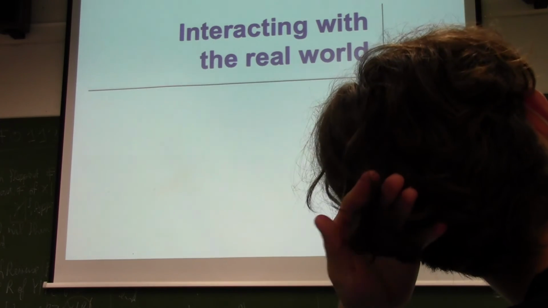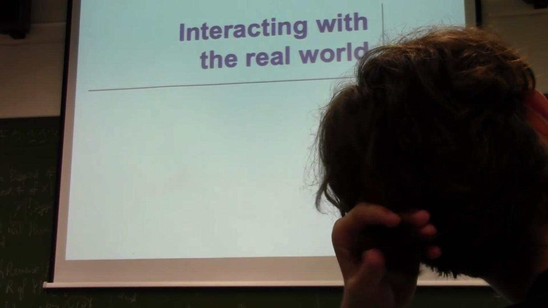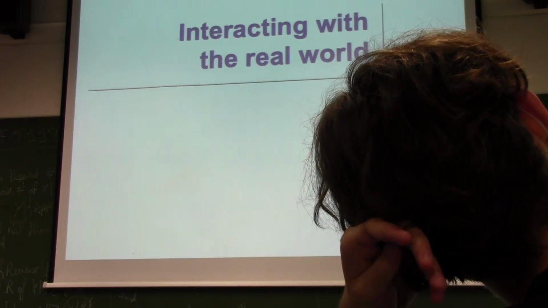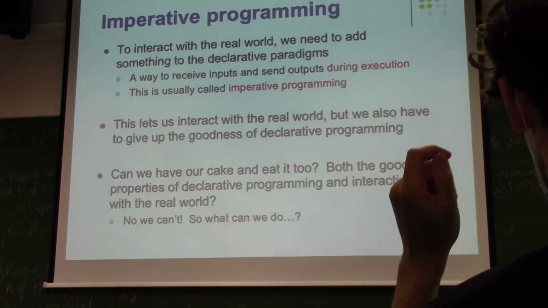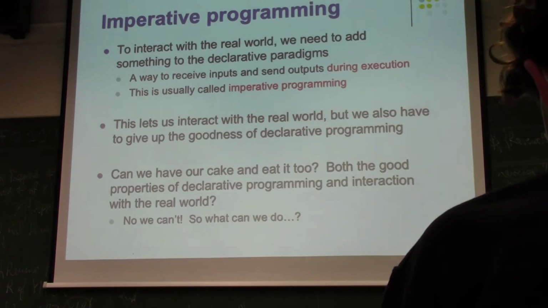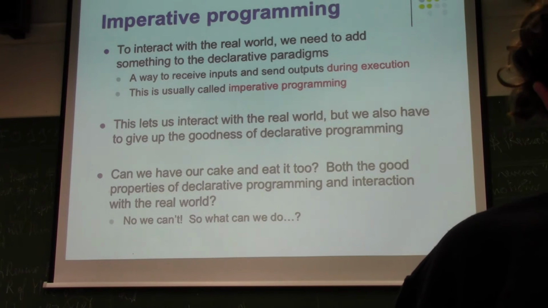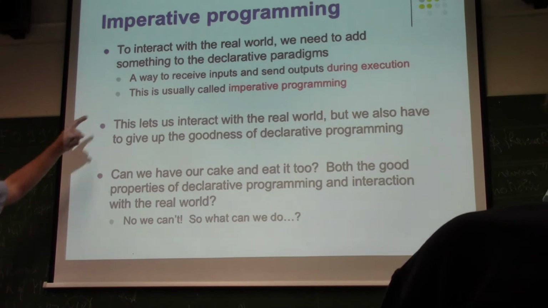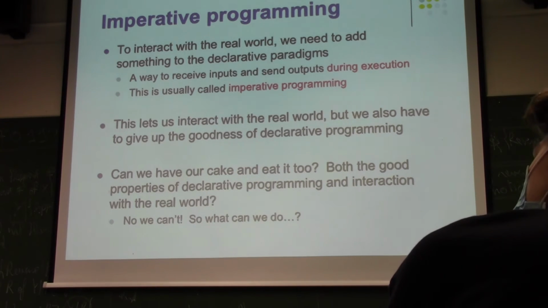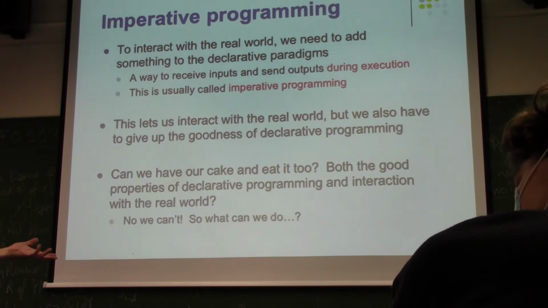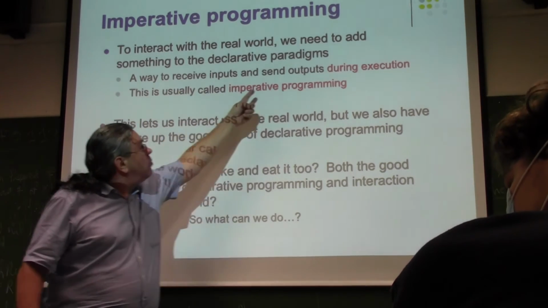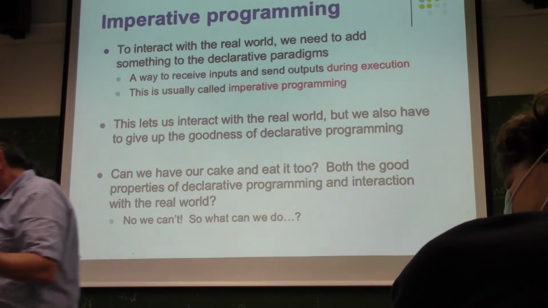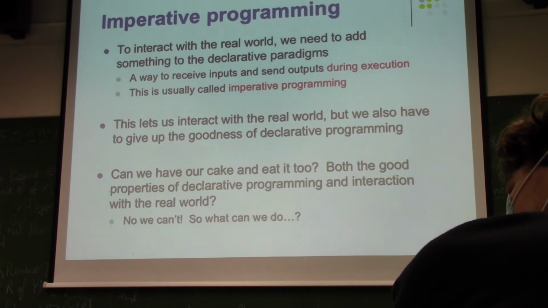Okay, so what do we do now? We want to interact with the real world. So we have to leave declarative programming. It's terrible. We have to go away and do something else which is not declarative. To interact with the real world, we need to add something to these declarative paradigms. We need a way to get input and output during the execution, which is not declarative.